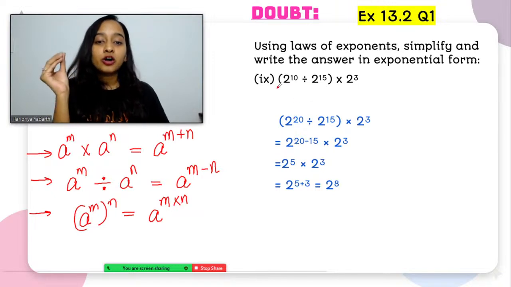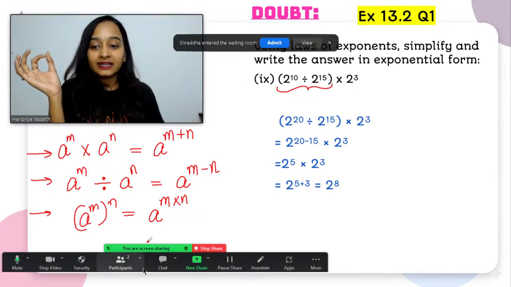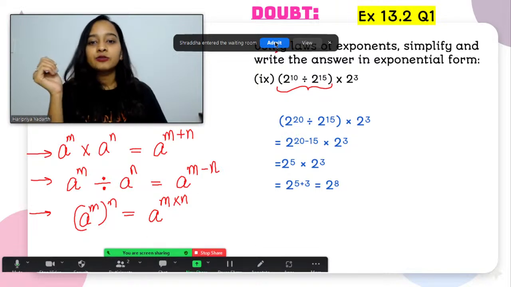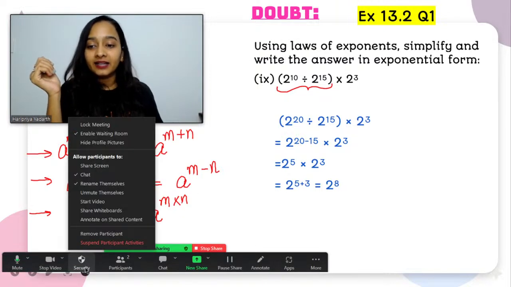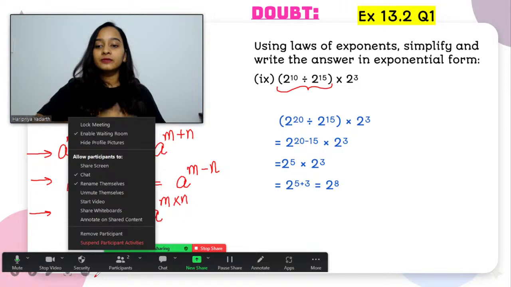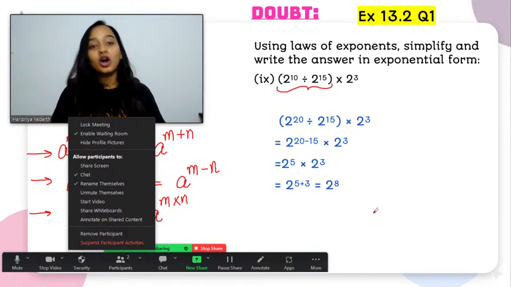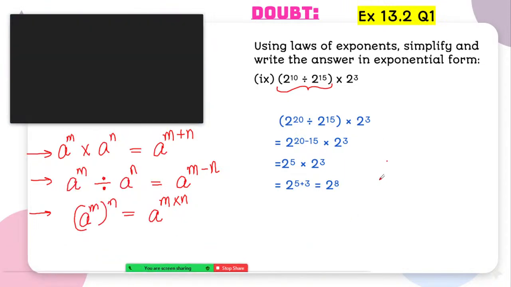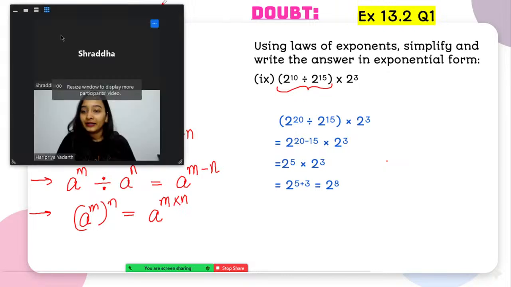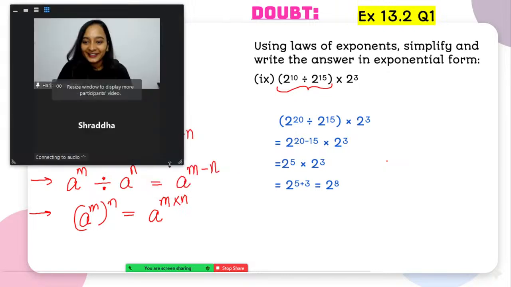Now first solve whatever is there inside the bracket. I guess the Zoom link is updated, guys. You can join the call. The Zoom link is updated. You can join the Zoom call. And as and when we are finished with the 1 minute, I need to pin myself. Okay.